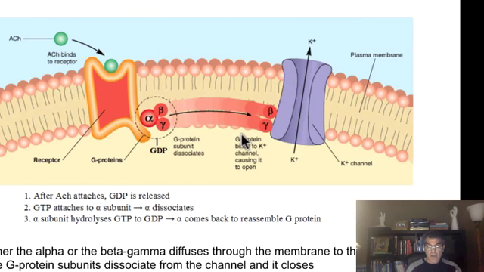So therefore, realize in the case of the heart, beta and gamma is going to come and attach to this potassium channel and open it. In the case of the stomach, alpha is going to move and attach to potassium channel and close it. As a result, we would say muscarinic receptor in the case of heart is inhibitory, but muscarinic receptor in the case of stomach is excitatory.